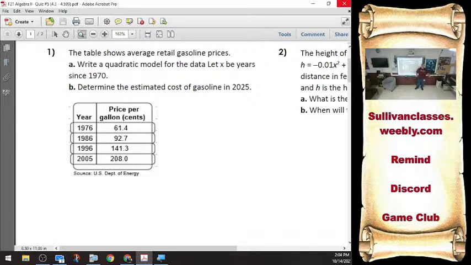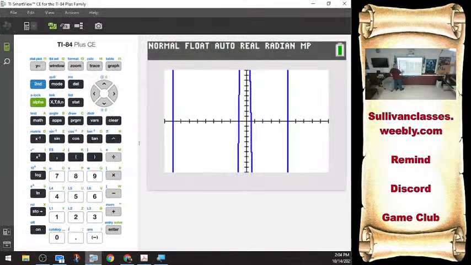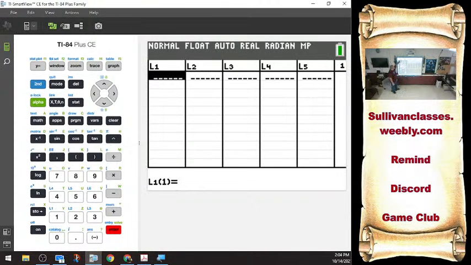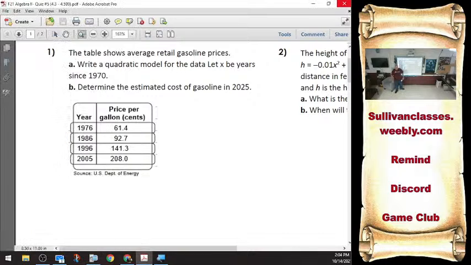I see people already poking buttons. What buttons are you poking? Okay, stat, edit. Start typing stuff. Before I start typing stuff, reading the problem explains the problem. What should I be typing? X is years since 1970.